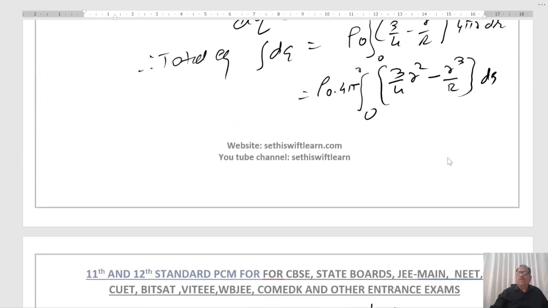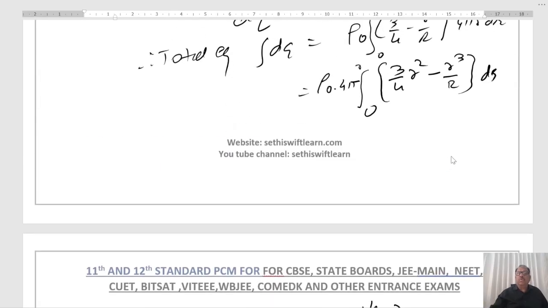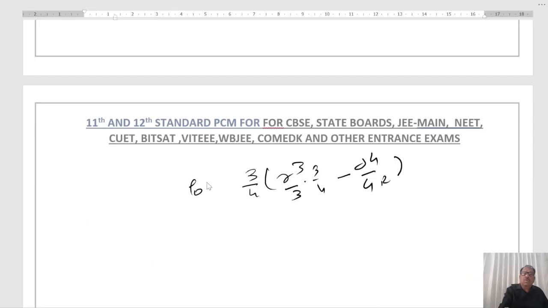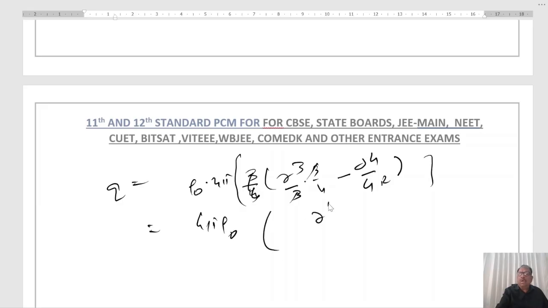Rho naught into 4 pi. This is Q. So 4 pi rho naught, this is 3 by 4, so this 3 goes, and the balance is R cube by 4 minus R to the power 4 by 4R.